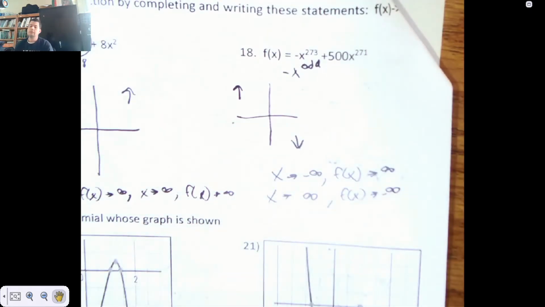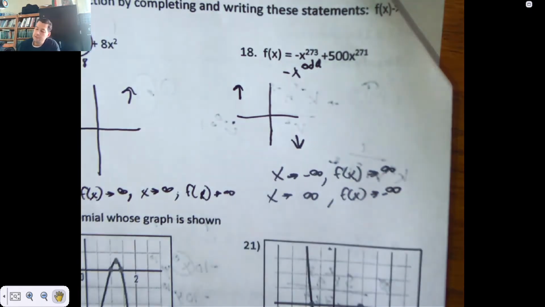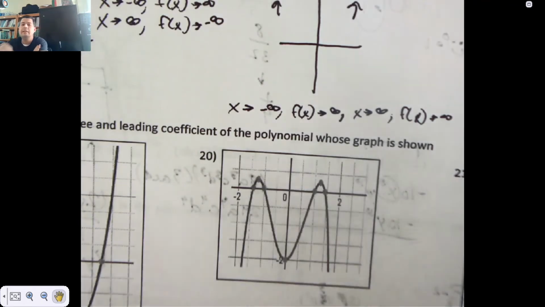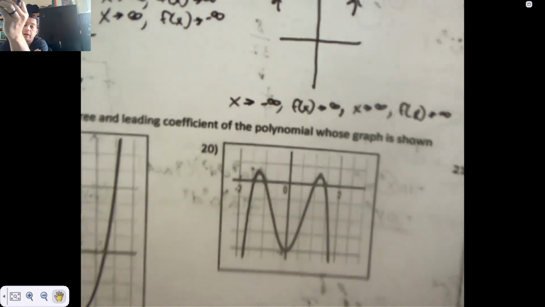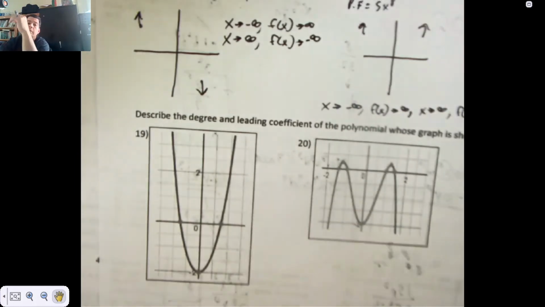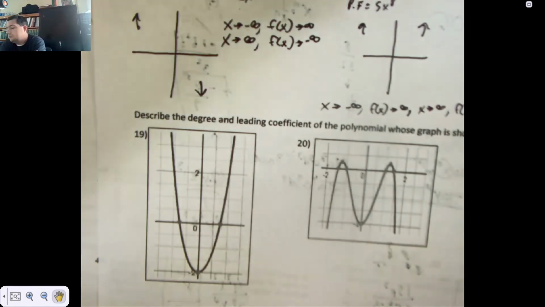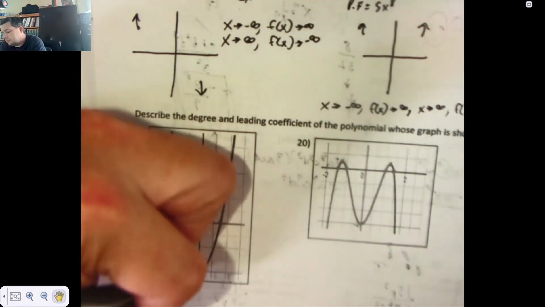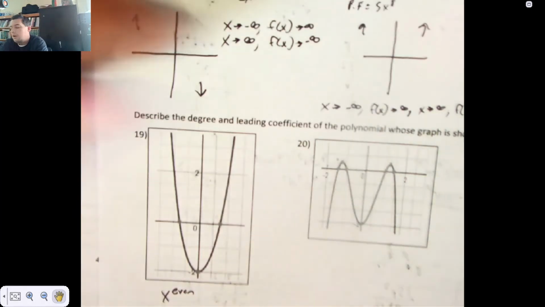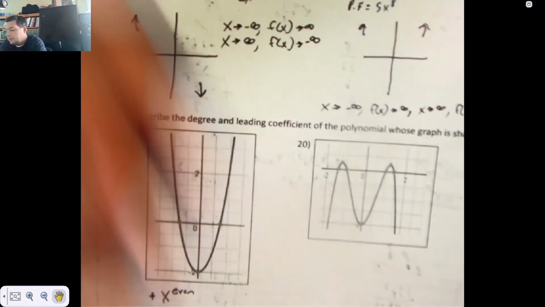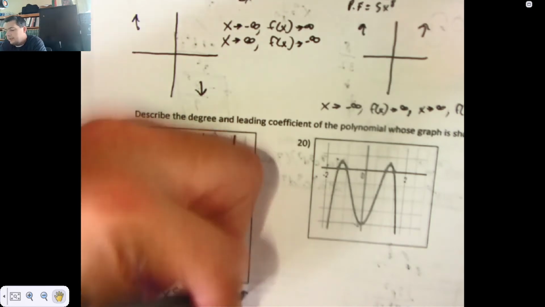Ta-da! 19 through 21: describe the degree and leading coefficient of the polynomial whose graph is shown. This is obviously an x to the even. I know that because it is obviously a positive x to the even because they start high and they end high.